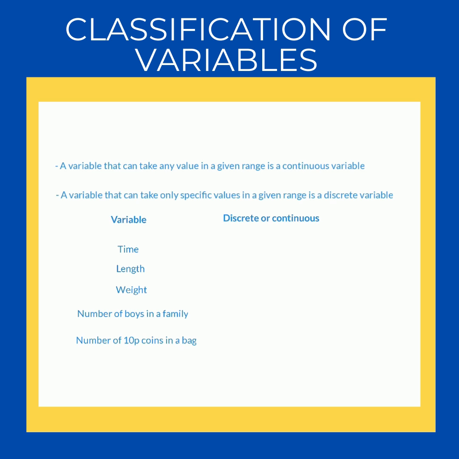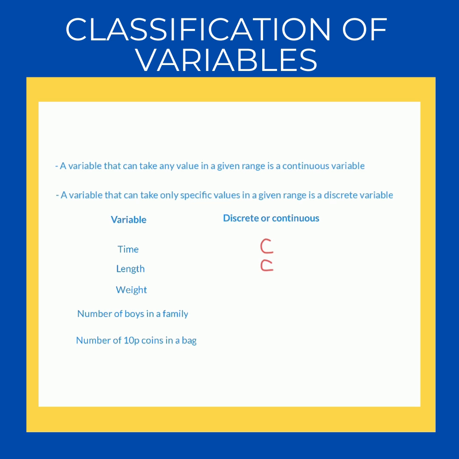So there are no specific values. So this is a continuous variable. So time is continuous, so C. Now the length, again, the length of a table could be 2 meters, or 2.1 meters, or 2.2, 2.35, 2.48 meters. So again, this variable is continuous.